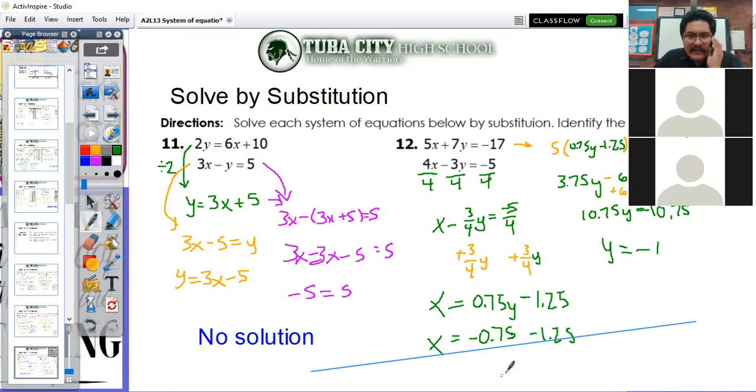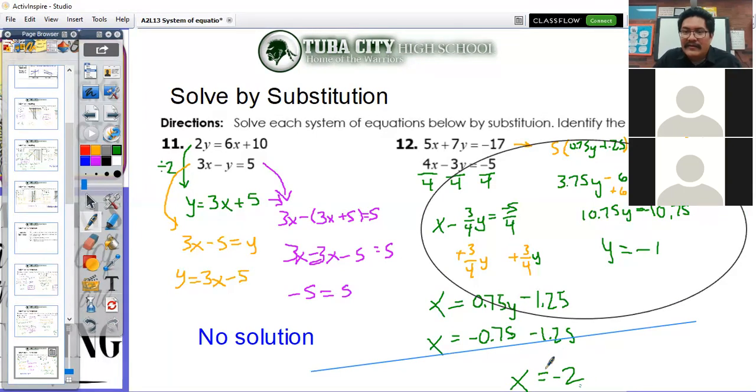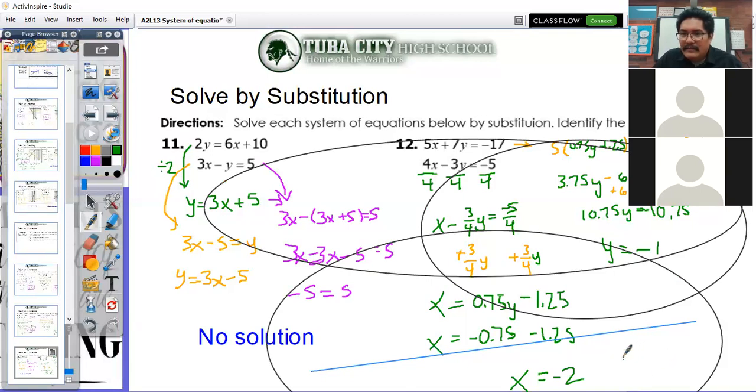And that's going to be x equals -2, because 75 cents plus $1.25 is going to be $2. So it'd be 2.0, but I don't need to put the 0.0 on there. That's not really useful. So there we go. I have my answer here. So -2, -1 ordered pair.